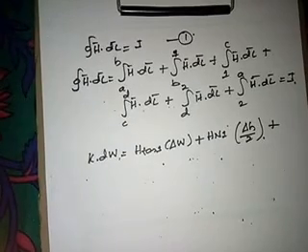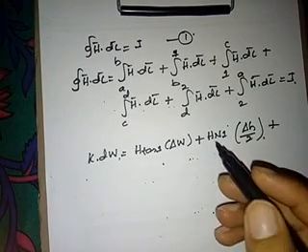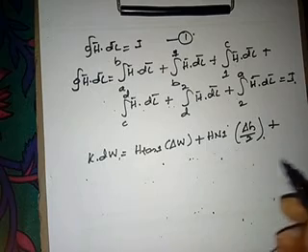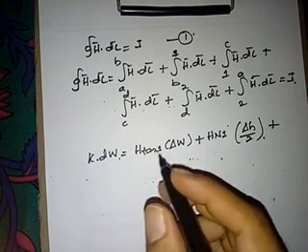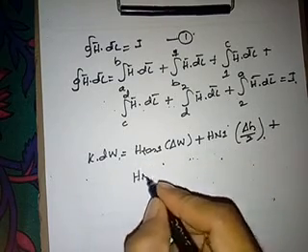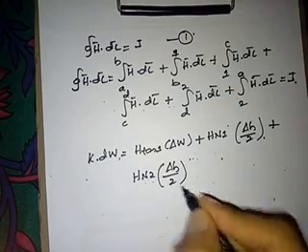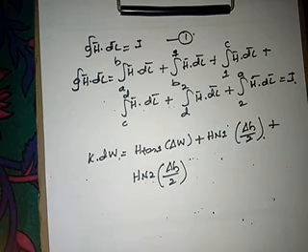Okay, similarly we will be writing for the others, that is 1 to C, C to D, D to 2 and 2 to A. That will come out to here, plus Hn2 delta h by 2. Fine.